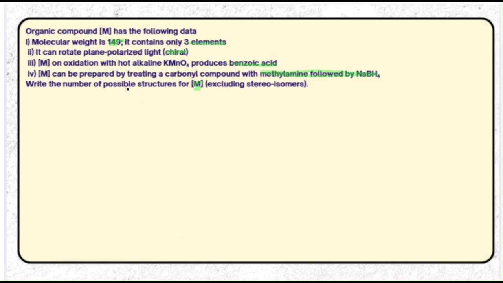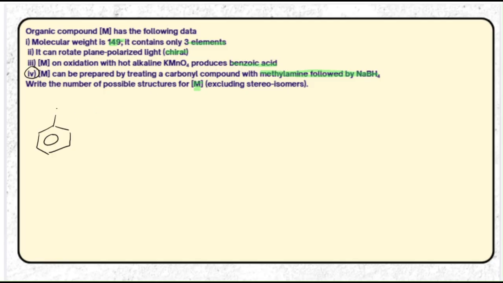The main statement which will help you to solve this question is the fourth statement. It says that when a carbonyl compound, so we know it can be aromatic in nature, so let's write that down. And it is having a benzylic hydrogen because it is undergoing oxidation with KMnO₄.